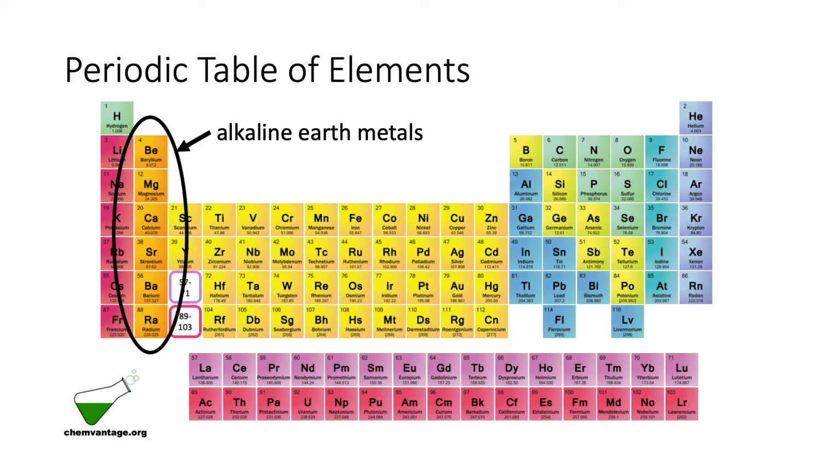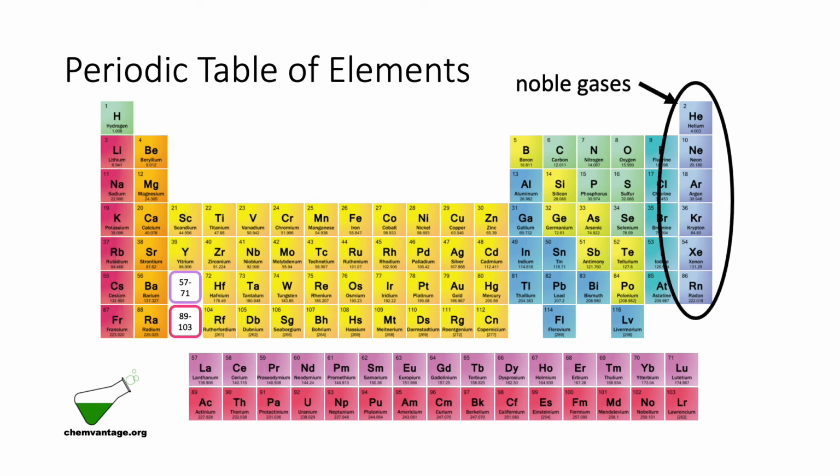On the far right-hand side of the table, the last column contains the inert gases that we used to end each row. These are often called the noble gases because they aren't completely inert, but they still are very highly unreactive. Next come the halogens.